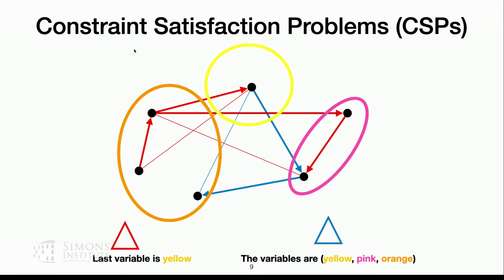So in this particular example, if we consider this partition that I drew, where we are placing these 3 vertices in the orange set, this vertex in the yellow set, these 2 vertices in the pink set, then the red constraint is satisfied, and the blue constraint is satisfied. But this third constraint won't be satisfied because this property is not true.